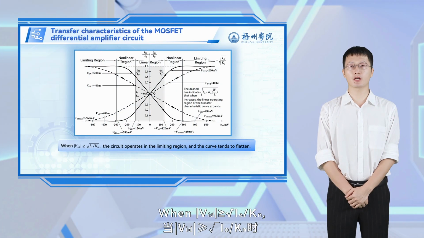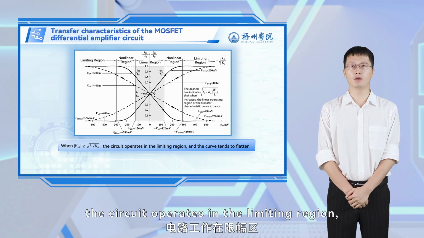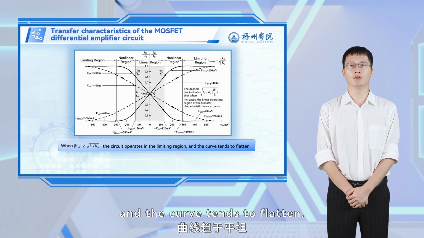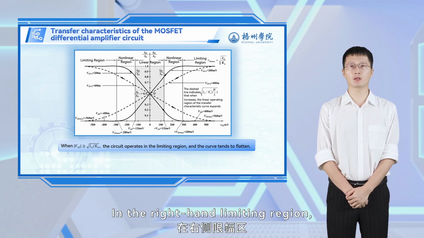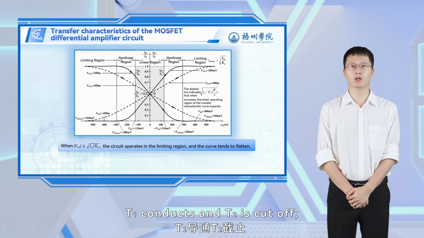When the absolute value of V_ID is greater than or equal to the square root of I_O divided by K_N, the circuit operates in the limiting region, and the curve tends to flatten. In the right-hand limiting region, T1 conducts and T2 is cut off. In the left-hand limiting region, T2 conducts and T1 is cut off.